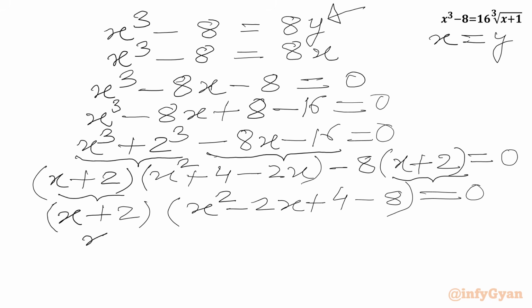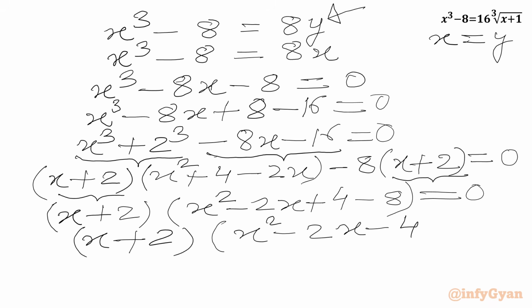Or we can write x plus 2 times x square minus 2x minus 4 equal to 0.